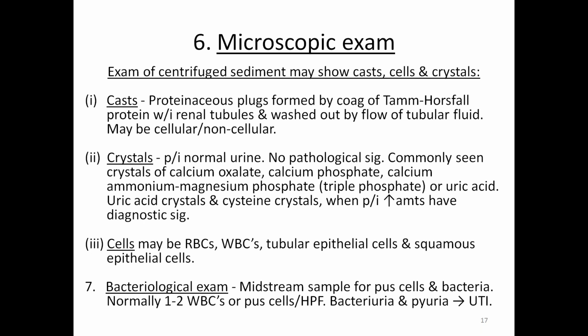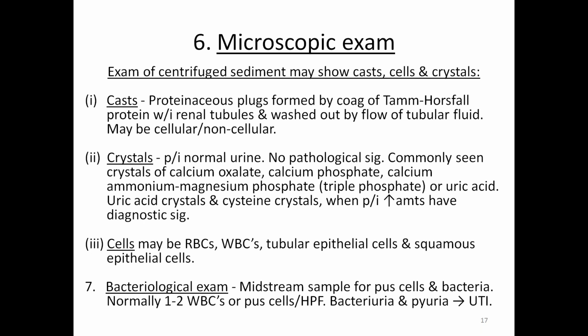Commonly seen crystals are that of calcium oxalate, calcium phosphate, calcium ammonium magnesium phosphate, which we also call as triple phosphate, or uric acid. But when uric acid crystals and cysteine crystals are present in large amounts, then they would have some diagnostic significance.